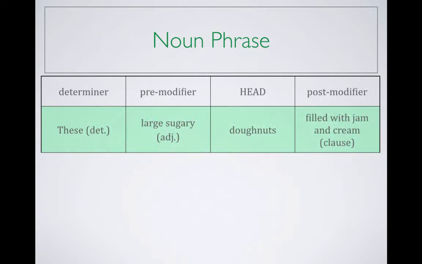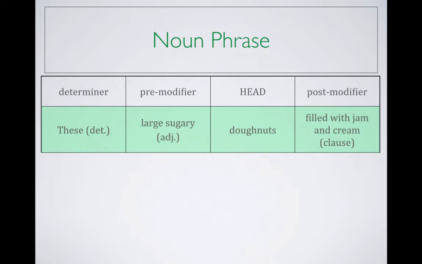In this case, we have the head, donuts, and we have both pre-modifications and post-modifications. What these pre-modifications and post-modifications do is simply give a lot more information about the head noun.